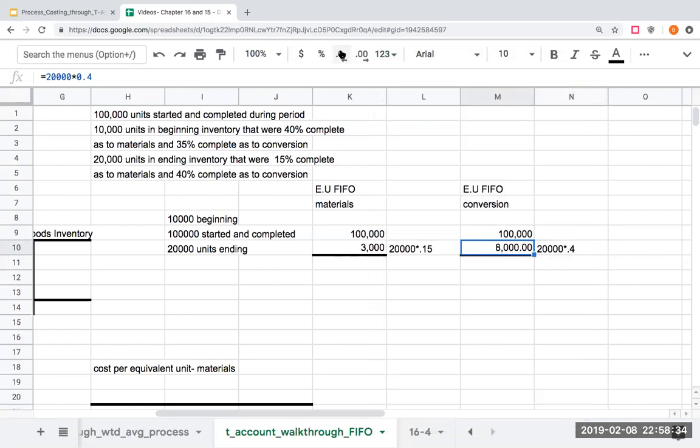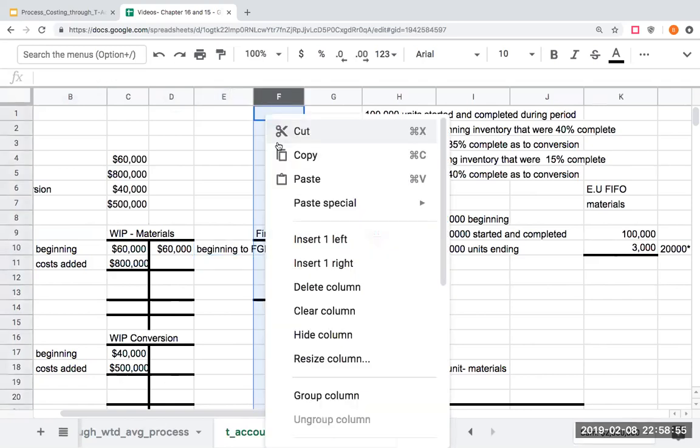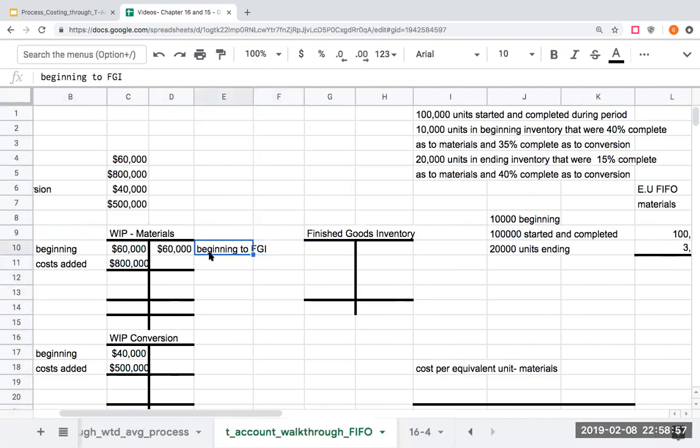The next thing I need to go through and do is to deal with my beginning inventory. Now, what happens here under FIFO is first in, first out. What I'm going to immediately do here is take my beginning amounts of my inventory for both materials and conversion, and they immediately go into my finished goods inventory.